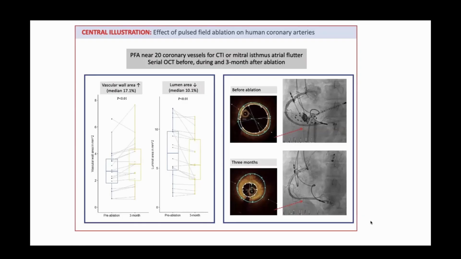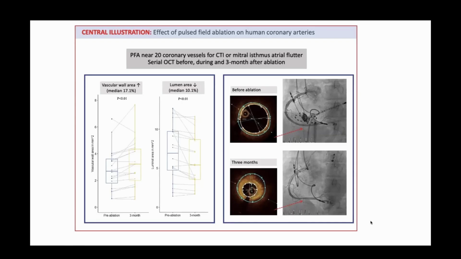And you can see that at 3 months, there is a median increase in vascular wall area by 17%, which is likely corresponding to the intimal hyperplasia or media fibrosis caused by the PFA, as reported in previous animal studies. And in the right chart, you can see the luminal area also reduced at 3 months by a median of 10%.